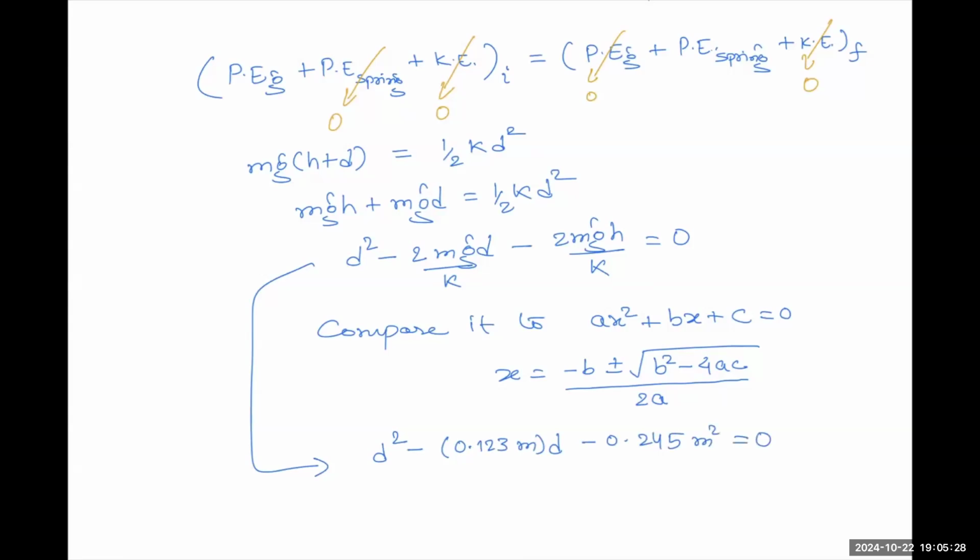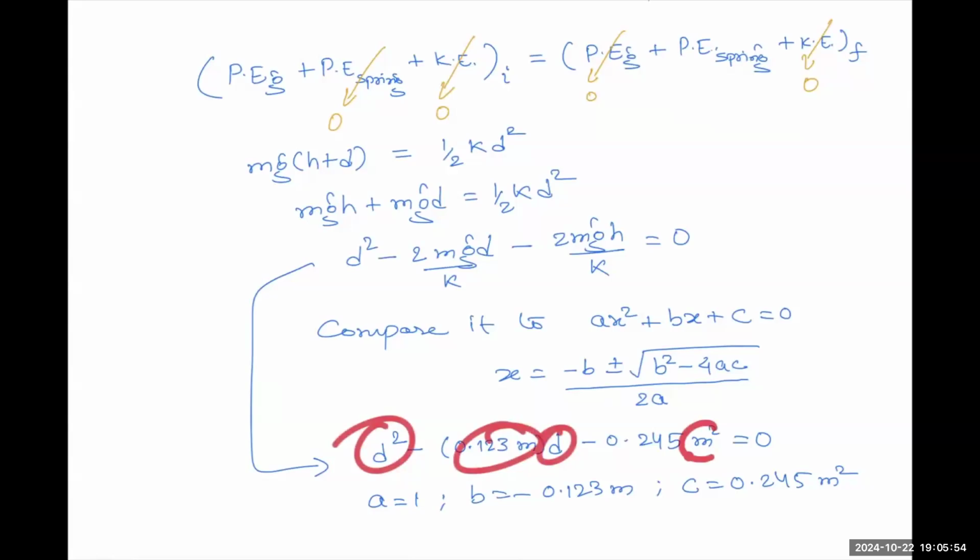So now this is my quadratic equation. Here my a equals 1, b equals minus 0.123 meter, and then my c is equal to 0.245 meter squared, right? And d squared is meter squared, so meter times meter is meter squared, and this is also meter squared. So this equation is correct.